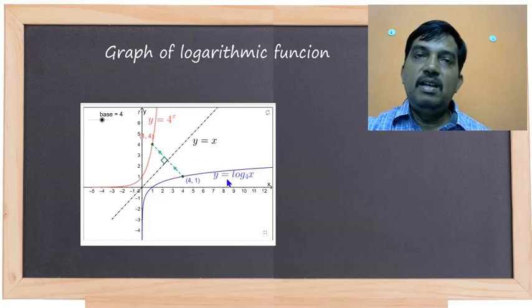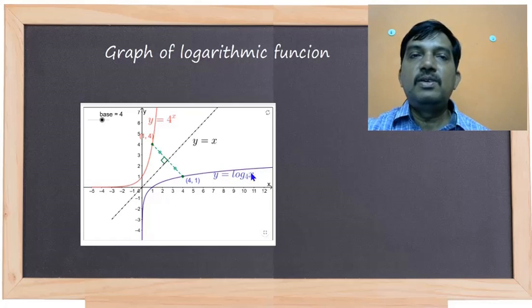What is logarithm of 4 to the base 4? It is equal to 1. Therefore, when x equals 4, y is 1. Next, logarithm of 16 to the base 4 equals 2. Therefore, the point is when x is 16, y is 2, that is 16 comma 2.